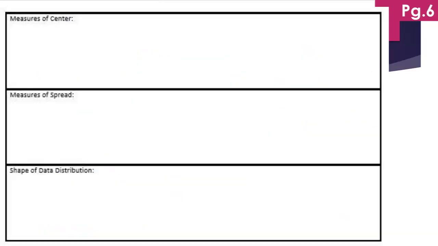Measures of center. Has anybody ever heard that term? We have 3 measures of center. There are different ways that you can measure the center of a group of objects. Okay? First up is the mean. What's a one-word definition of the mean? Average, yes, the average. And how do you find the average?